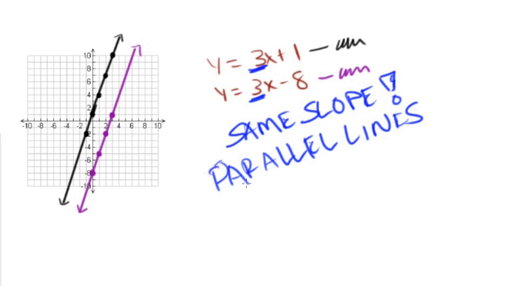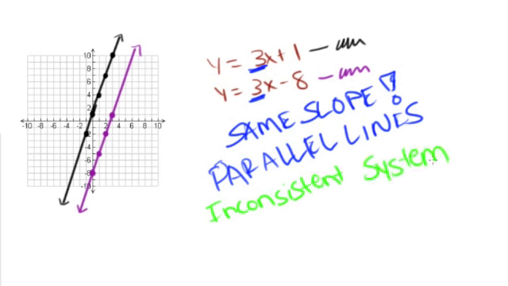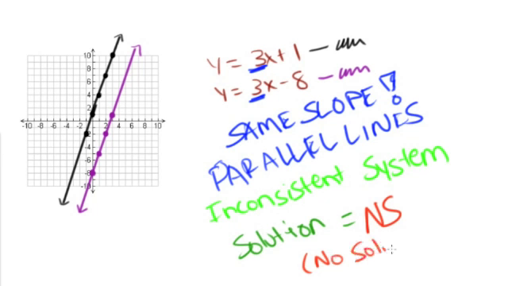So that ultimately means this is an inconsistent system. So the solution is the empty set, or no solution.